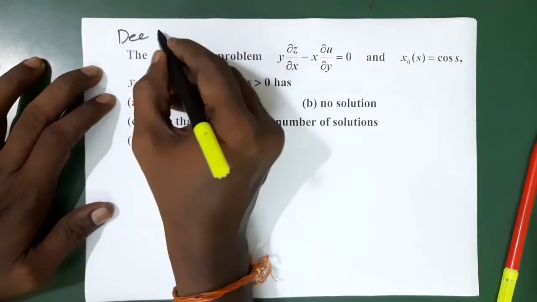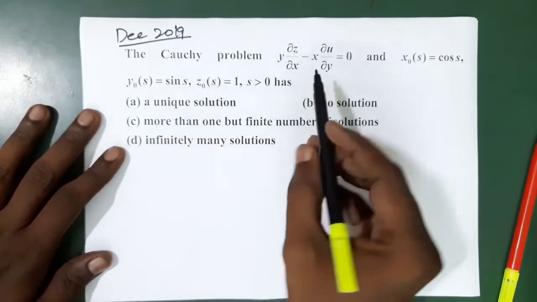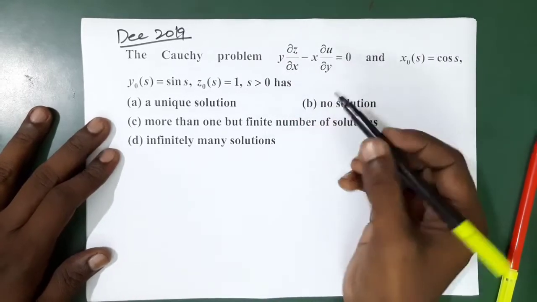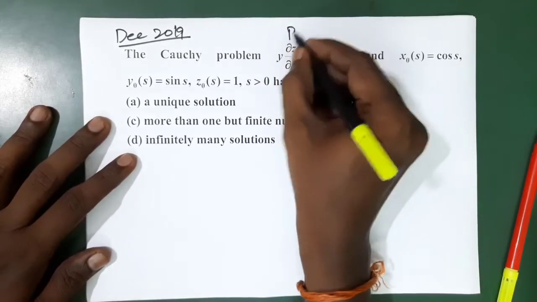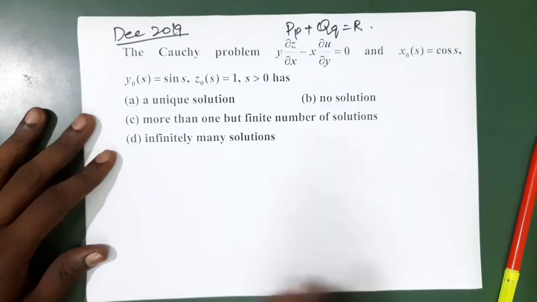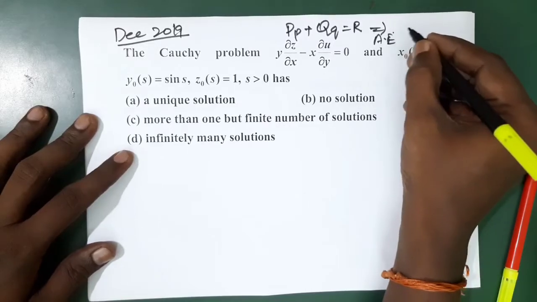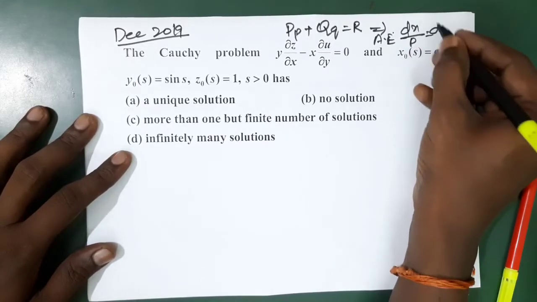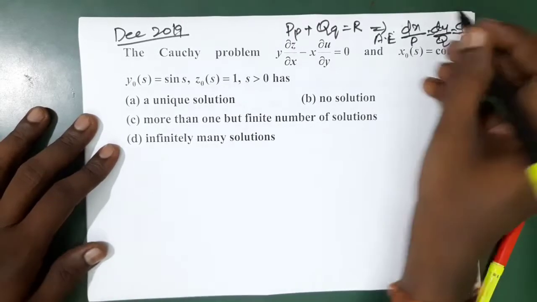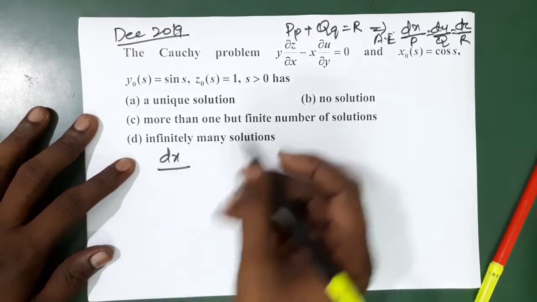This is December 2019. So this is again the same type of problem. So y dou z by dou x minus x dou z by dou y is equal to 0. So this is of the form P p plus Q q is equal to R. So what is the auxiliary equation? Auxiliary equation is dx by P is equal to dy by Q is equal to dz by R. This is the Lagrange equation.